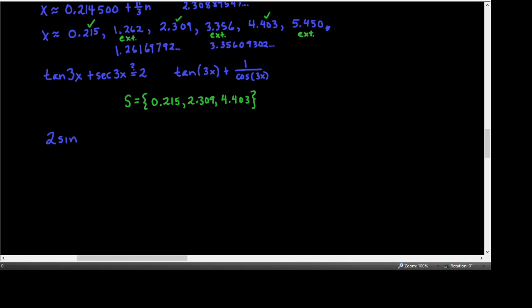2 times sine of x over 2 equals 1. Okay, so this already has just one trig function in it. It's not quadratic, so my goal would be to get the trig function by itself. So I'm going to divide both sides by 2. And then I'm going to think, where will I get sine being 1/2?